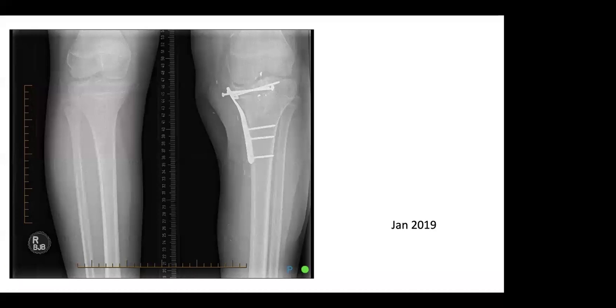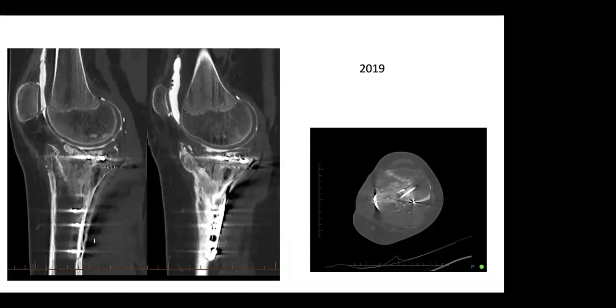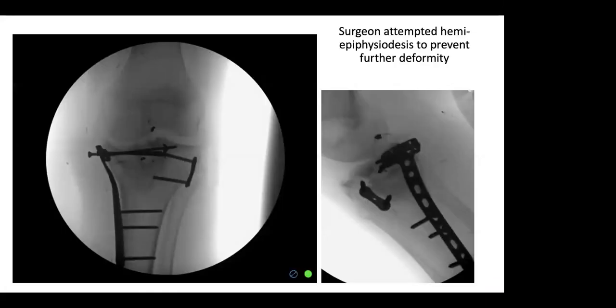So here we are, January of 2019. And in 2019, we can see what looks to be a non-union of the proximal tibia, at least a partial non-union with questionable viability of some of the bone. And they attempted to do an epiphyseodesis to prevent further deformity from occurring.